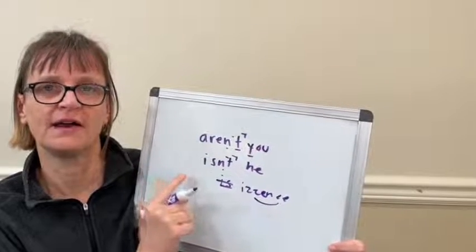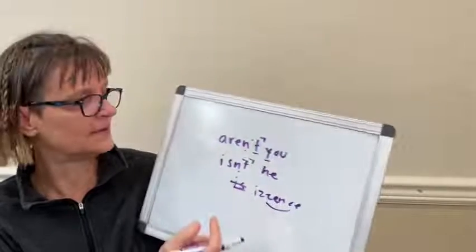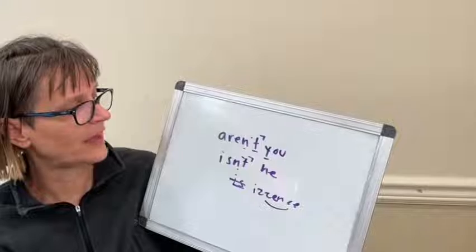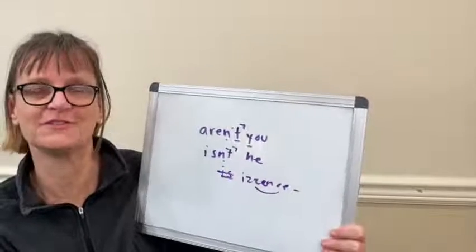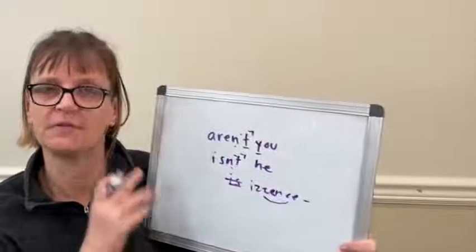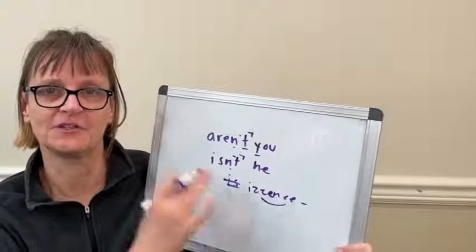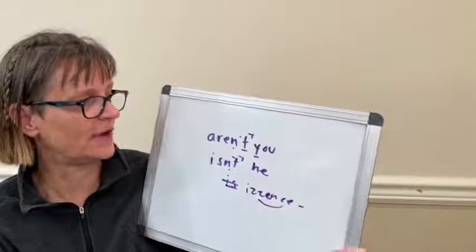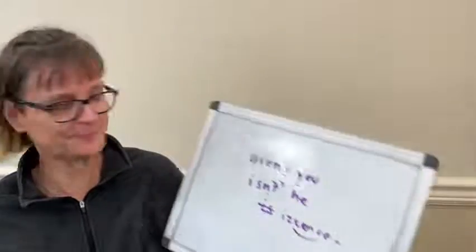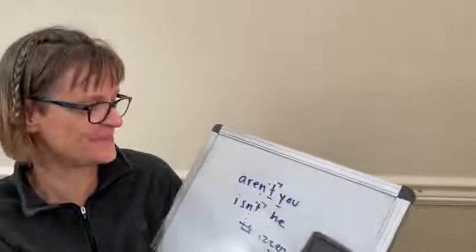Or he's a great guy, isn't he? Isn't he great? I think oftentimes we use this reduction for that. So how we say the T generally just depends on what's coming next. And if the next sound is a consonant sound, then we use that stop T. Great question. Thank you.